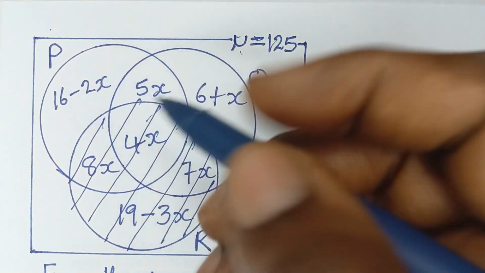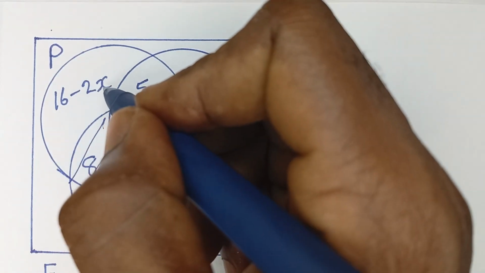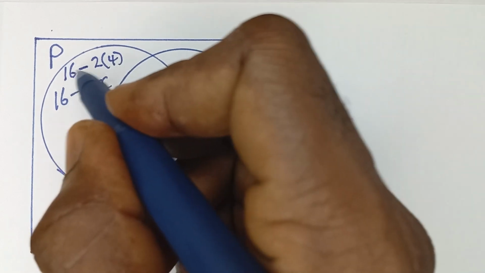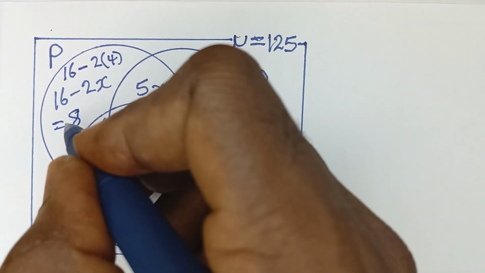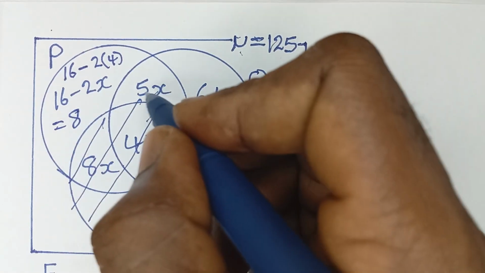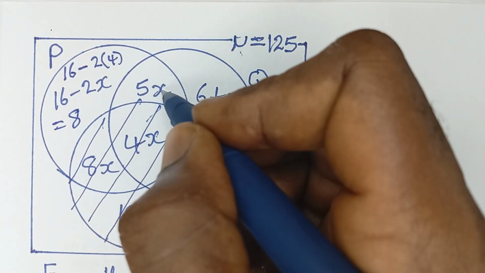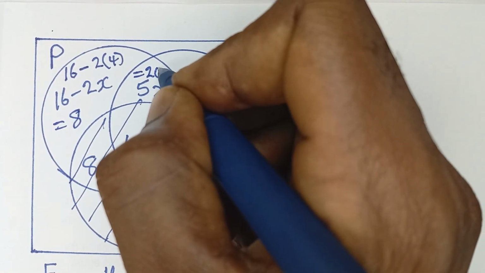Since x is 4, I can simply say 16 minus 2 multiplied by 4. 2 multiplied by 4 is 8. So 16 minus 8 will give us this part as 8. And then this one is 5x, which is 5 multiplied by 4, that is 20.